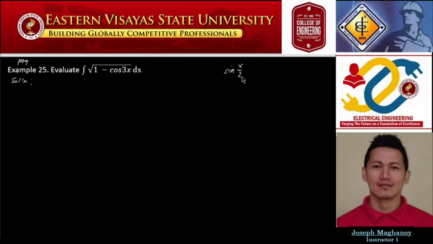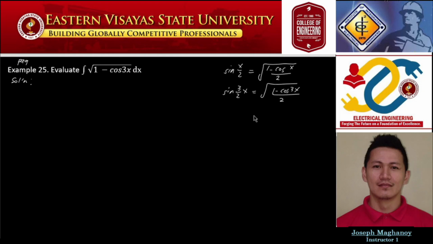So sine x over 2 is equal to the square root of 1 minus cosine x all over 2. So if we evaluate 3 halves x, this is equal to 1 minus cosine 3x all over 2.